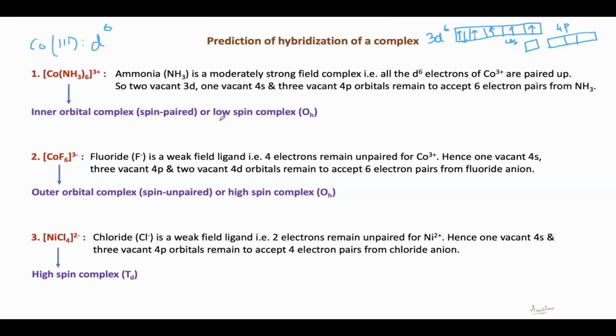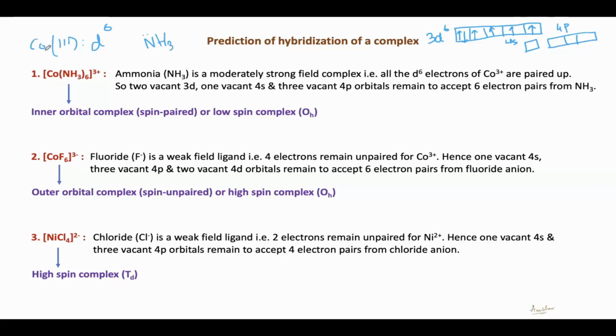So ligand field theory actually comes into the picture, but we will not discuss anything about ligand field theory; we will just know which kinds of ligands are strong field and which are weak field. For your information, ammonia, the ligand over here, is a moderately strong field ligand.